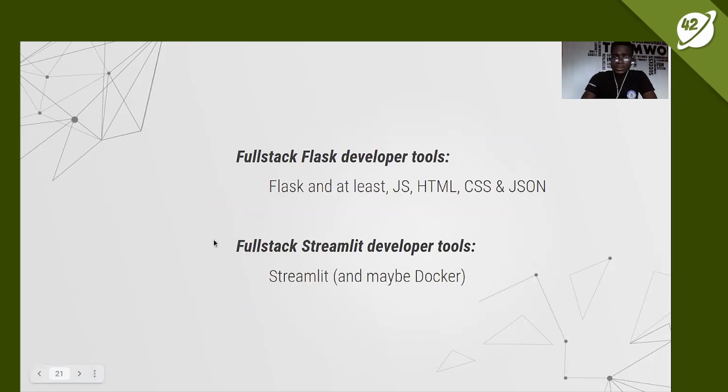If you want to be a Flask developer, you need Flask, JavaScript, HTML, CSS, and JSON. At the very least, you might still have to bother with JavaScript frameworks like React, Angular or Vue. I think that's quite a lot. It might take a month or maybe years to master all those. But with Streamlit, all you're ever going to need is just Streamlit. And if you're thinking of app containerization, then you might need Docker too.